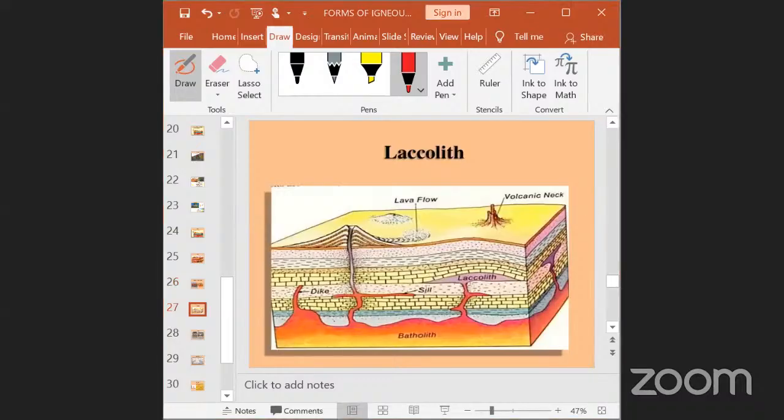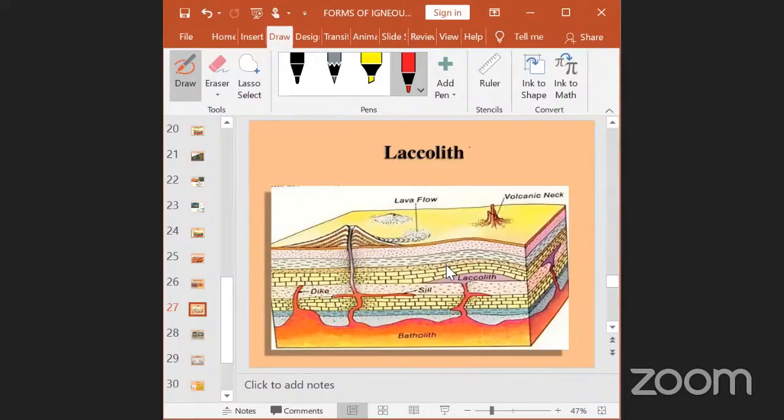Next, laccolith. Remember, do not confuse laccolith with lopolith. Like a sill, a laccolith is also a concordant igneous body.